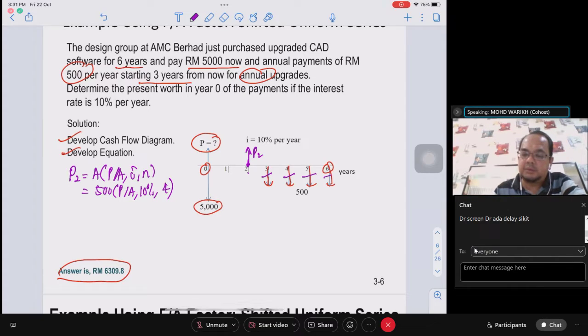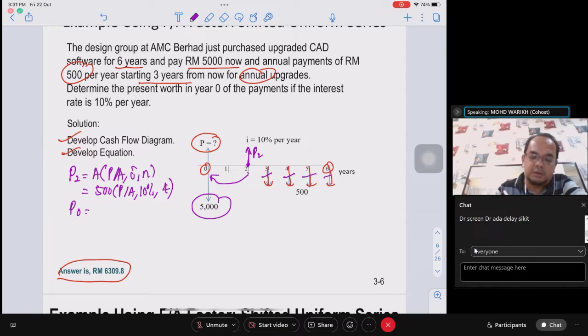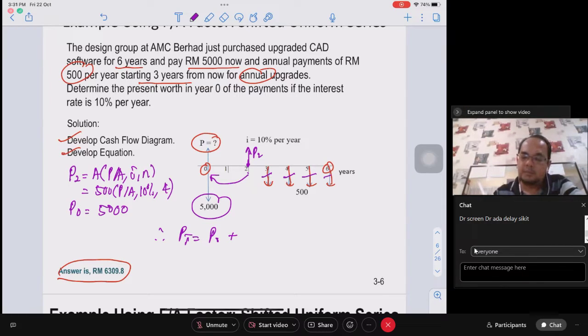We shifted from P2 to P, because we want the total. We know that the 5,000 is P0. P0 is 5,000 ringgit. So PT is the total: PT equals P0 plus P2, PF.